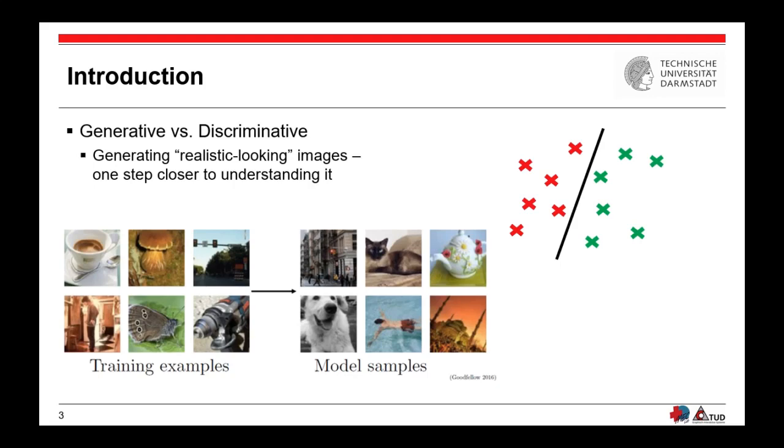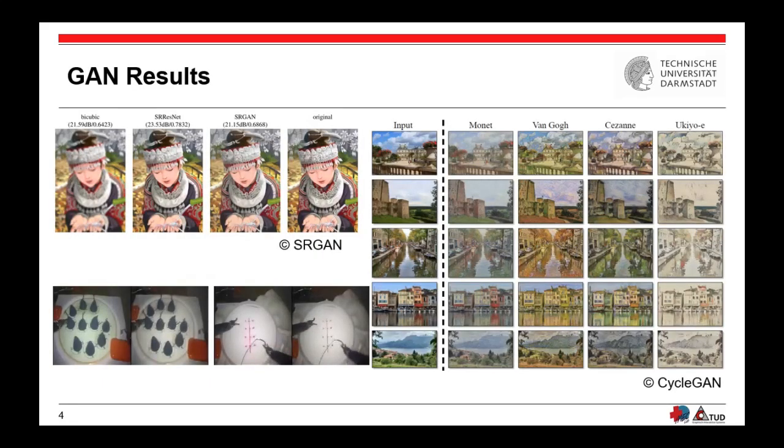Now, in terms of how generative adversarial networks are taking over the whole generative part, apart from the variational autoencoder, which we won't talk about today, let's first look at some of the results that GANs can produce. They are quite interesting.